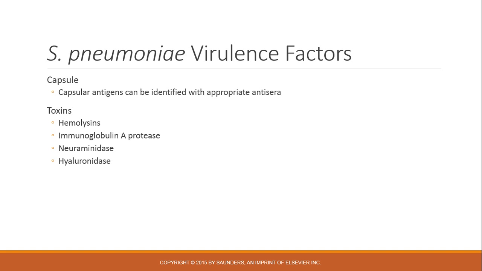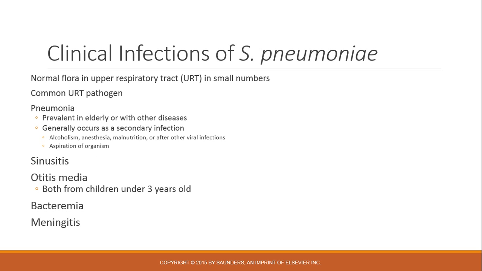Neuraminidase, hyaluronidase. The clinical infections for strep pneumo, pretty simple. You see the name, what do you think it causes primarily? Pneumonia, right? So commonly see it in the upper respiratory tract. Respiratory tract is divided into two sections. The upper respiratory tract is basically anything above your bronchioles.